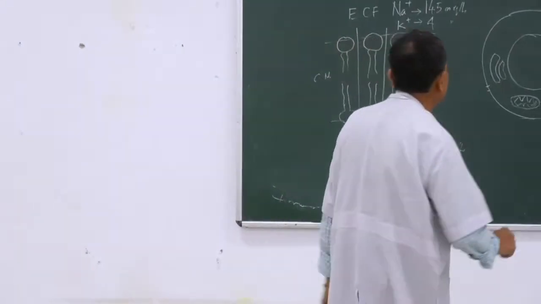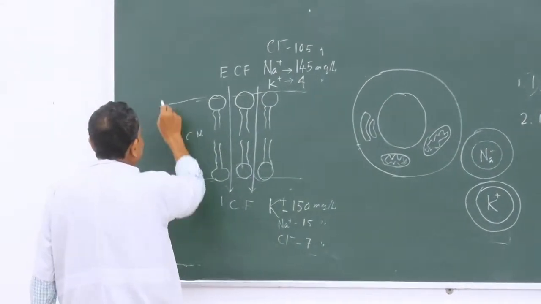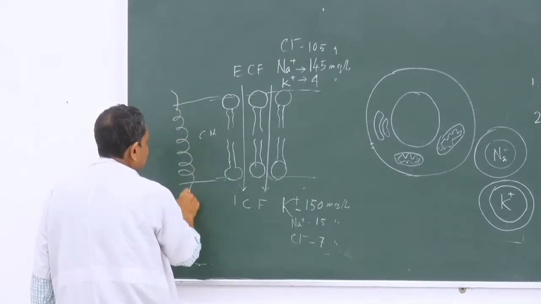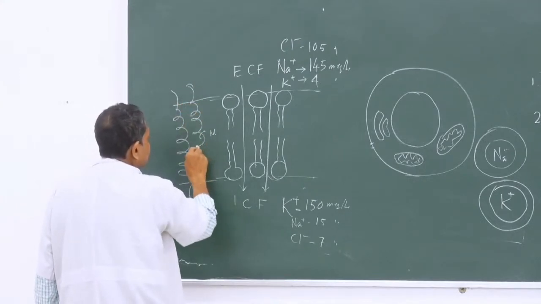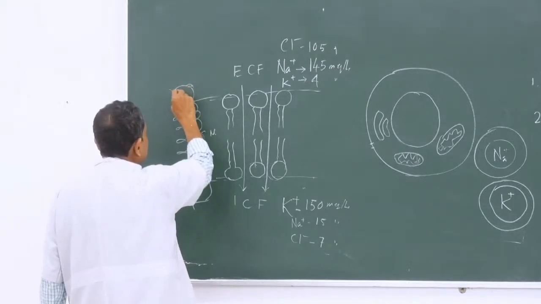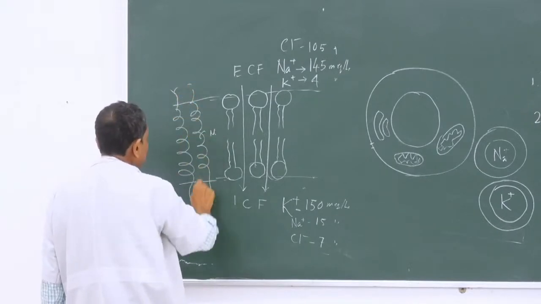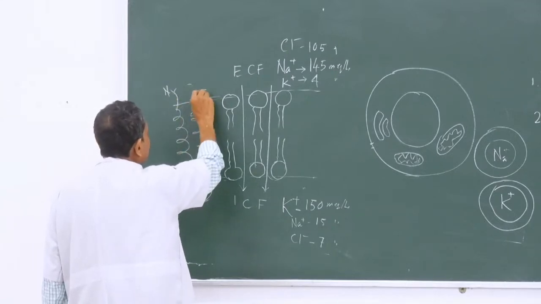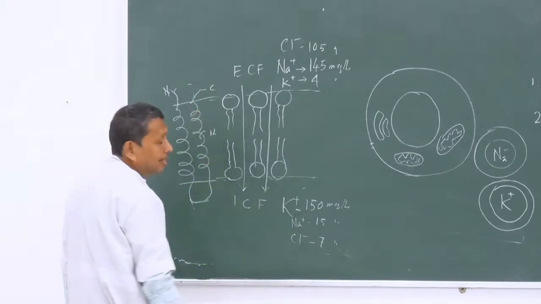Suppose this is a membrane; the subunits enter in this way and are connected to one another in this way. Suppose this is the N terminal and this is the C terminal, and in this way they are connected.